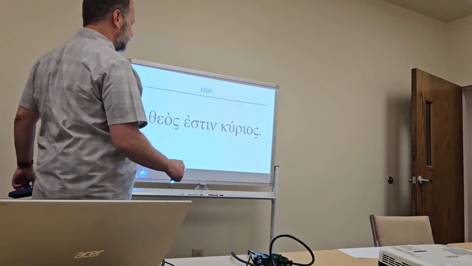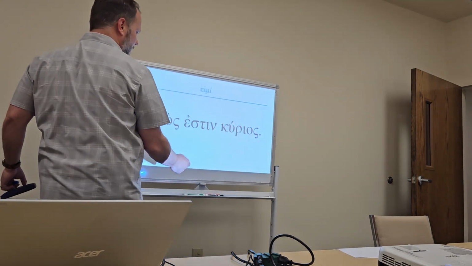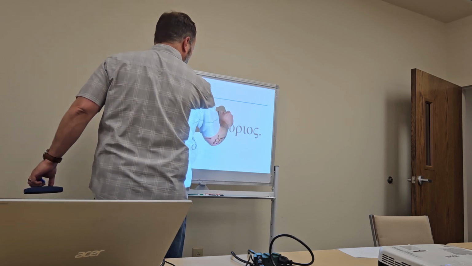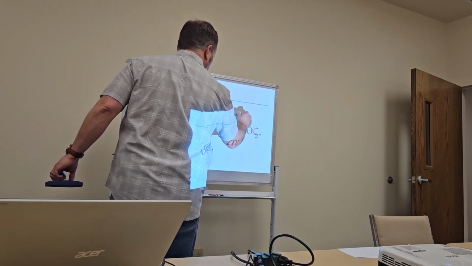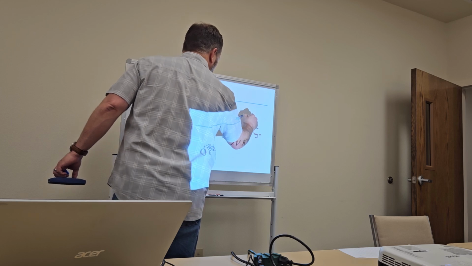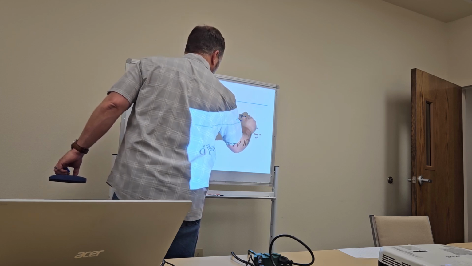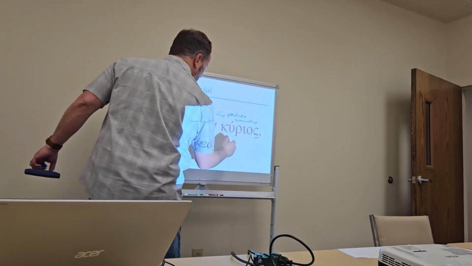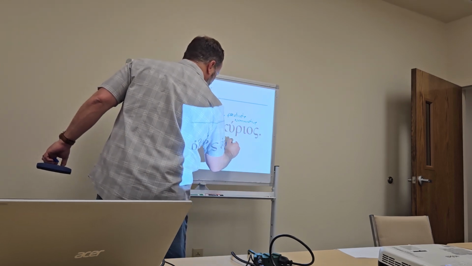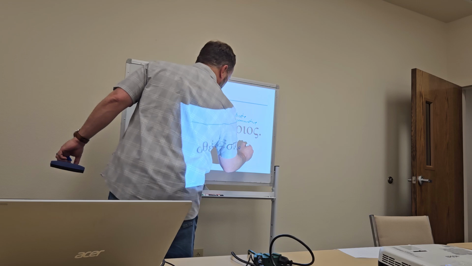And you'll run into this a lot of times where you're going to be seeing people translate. So we know from our previous lessons that this is going to be the predicate nominative. Okay, so we know that this is already going to be the Lord.